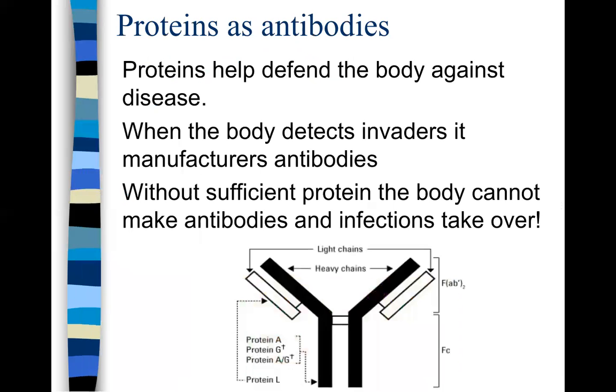Proteins are important to our immune system. So anytime we are exposed to a potential pathogen, we can form antibodies to that pathogen. And antibodies are immune components that help us fight off disease. Antibodies are made from proteins, and proteins give antibodies a specific shape so that we have different antibodies for each antigen.